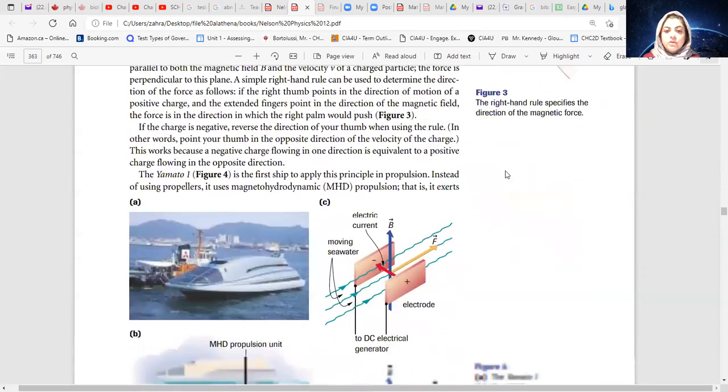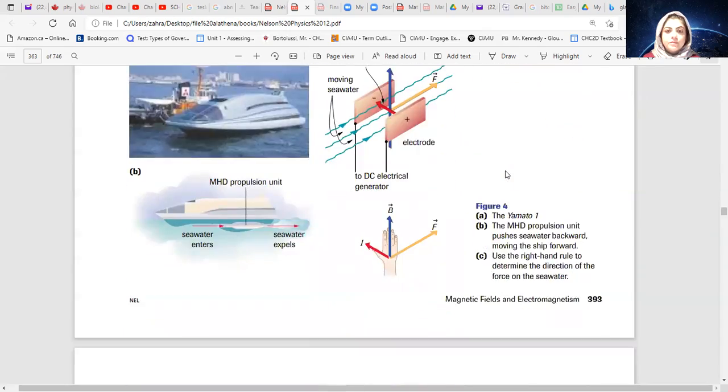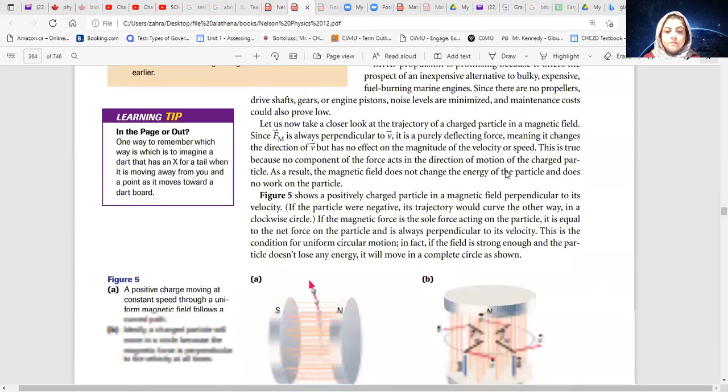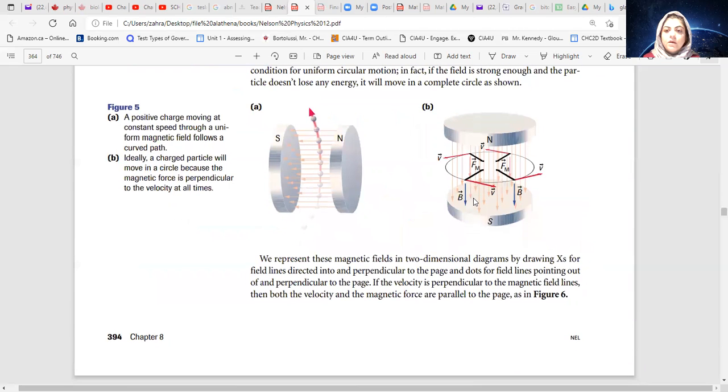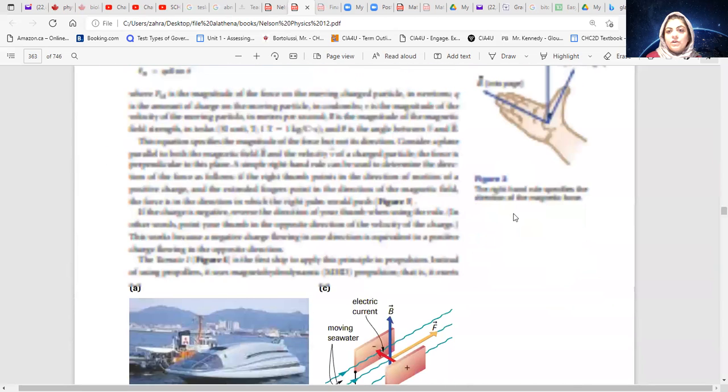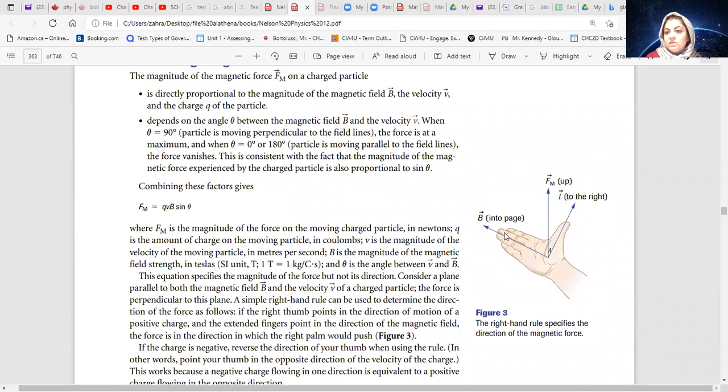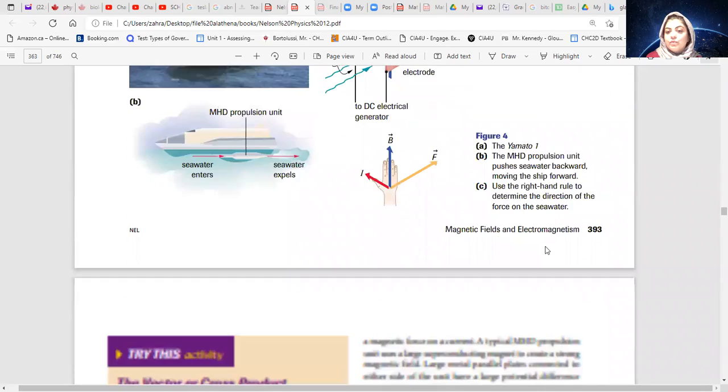So let's just look at an example. You can try to understand. Here the B field is downward, right? So you put your forefinger in the direction of the B, your thumb in the direction of movement.